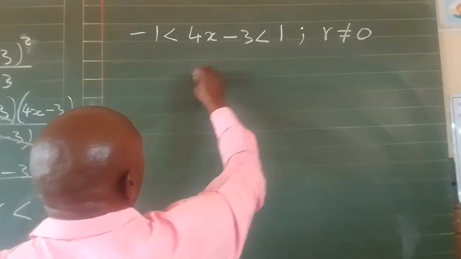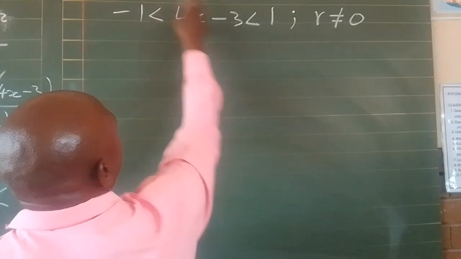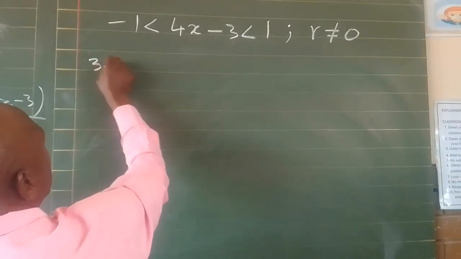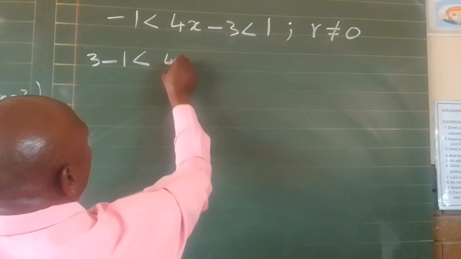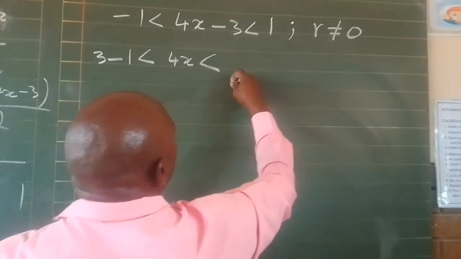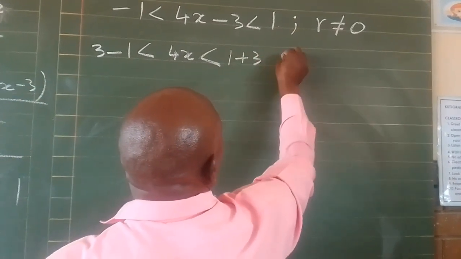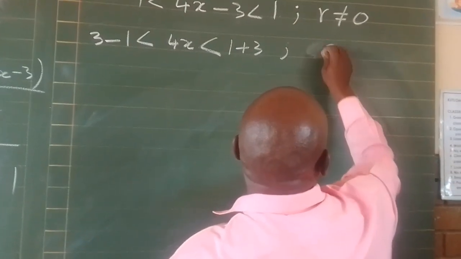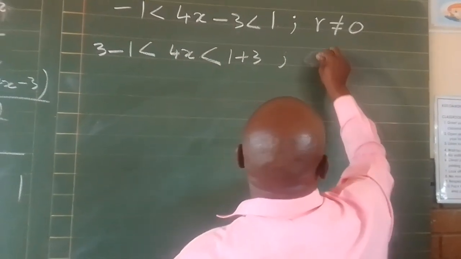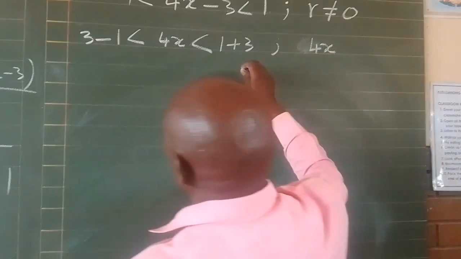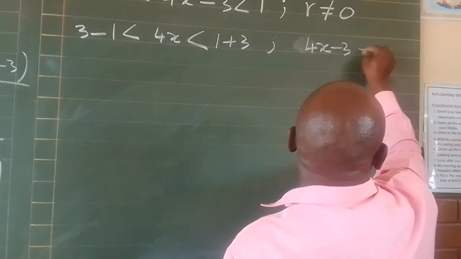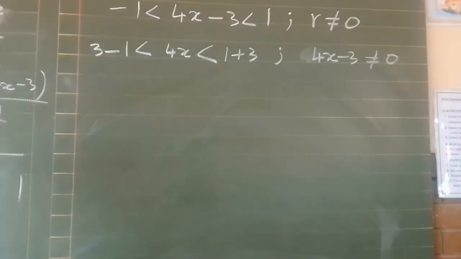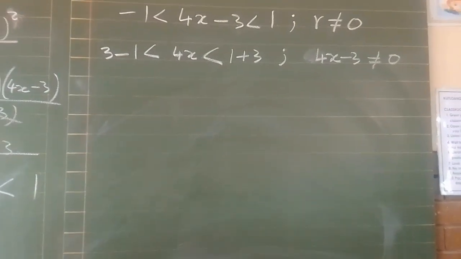Then we take this 3 to the other side of the equation, which is 3 minus 1 is less than 4x. We take it that side, it's 1 plus 3, of which our r, 4x minus 3, must not be equal to 0. Right?